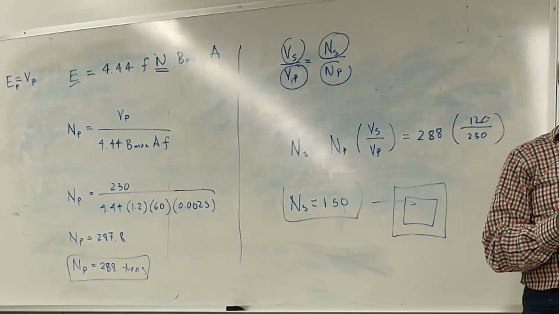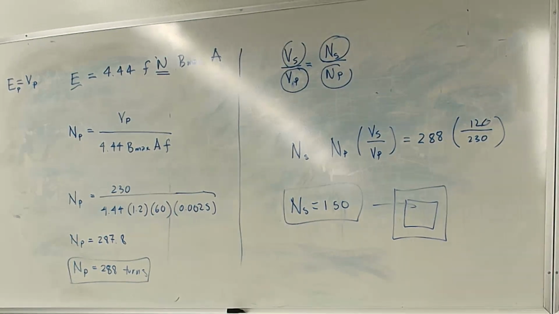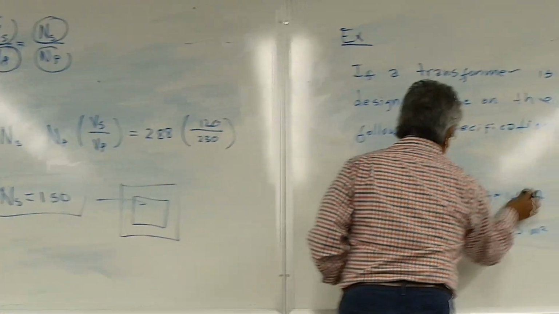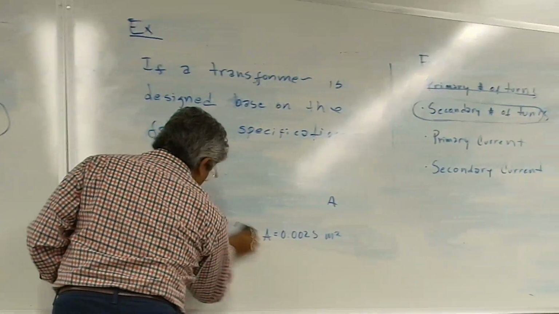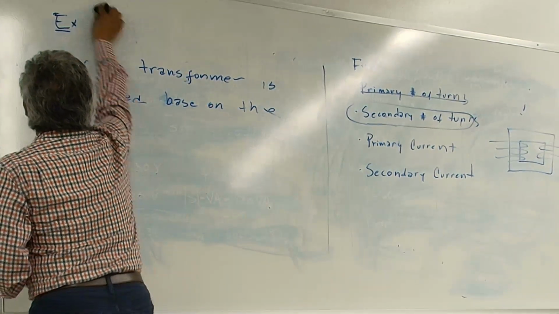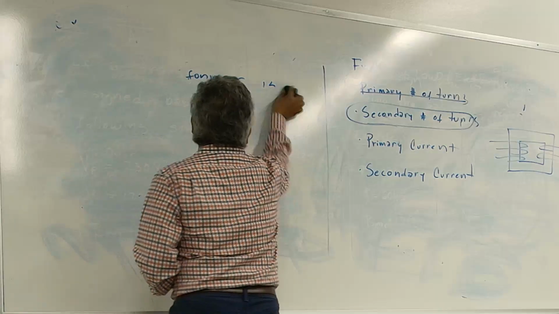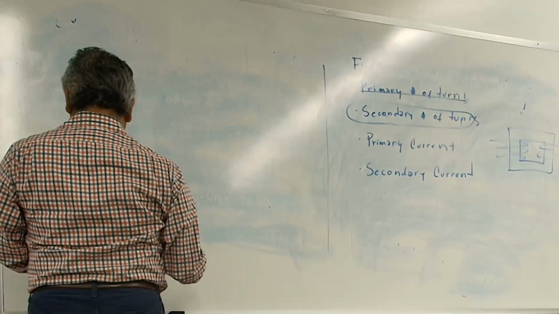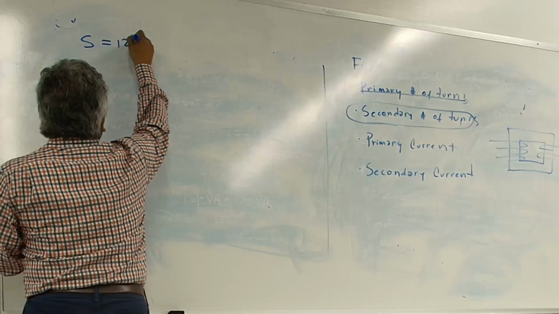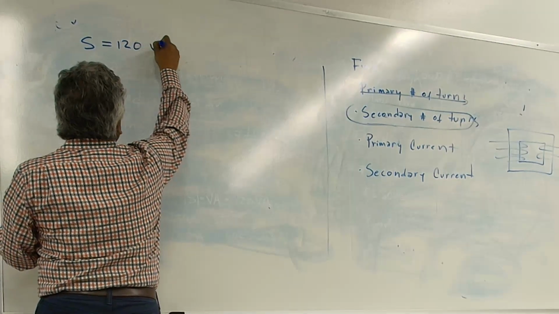Let's see. What was the other question? Oh, the primary and the secondary currents. All right, so now that we have that, and I'll come back to these equations again because we're gonna use them for a different type of exercises. But for now, what they're saying is equal to 120 volt amperes, right?